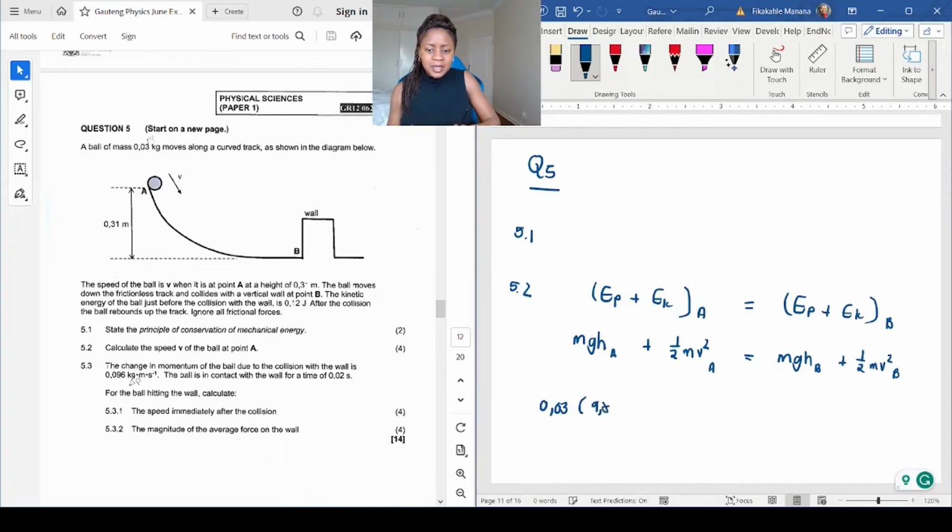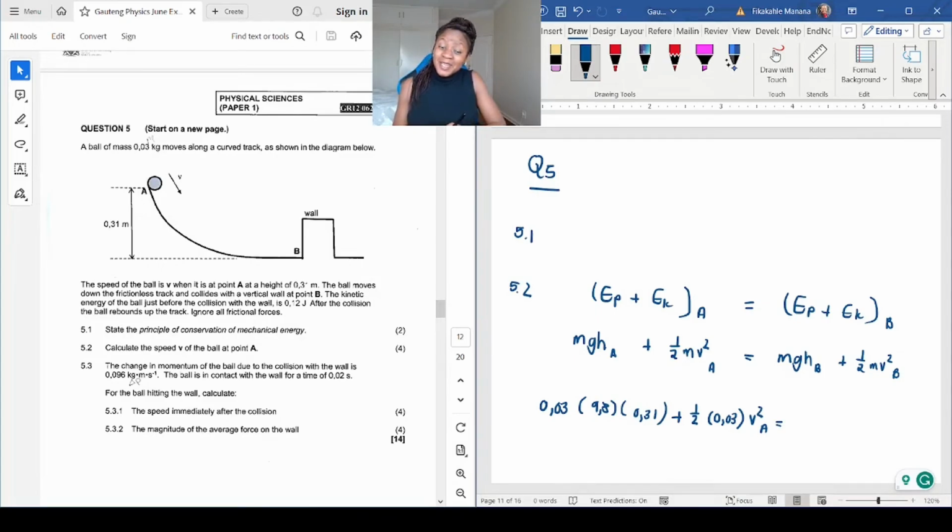Gravitational acceleration is 9.8, a constant, and the height is 0.31. At point A the velocity is v, which is what we're looking for. So we're going to say half times the mass, 0.03, and the velocity, which is what we're looking for.